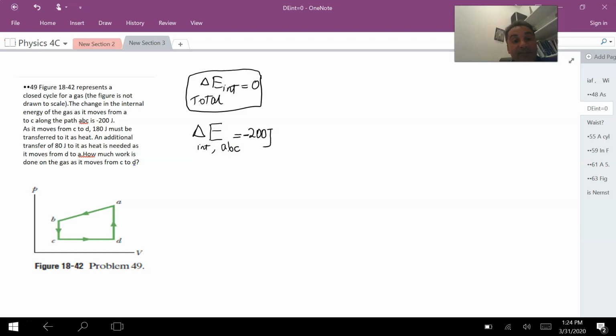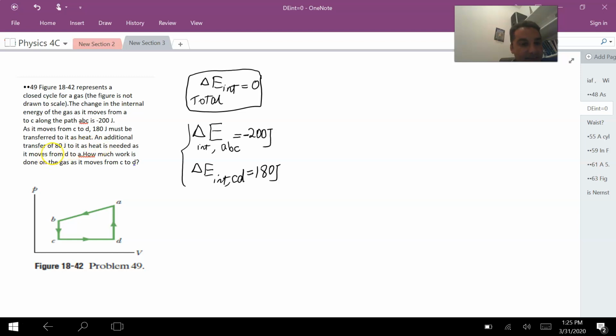As it moves from C to D, 180 joules must be transferred as heat. See, write this, please.